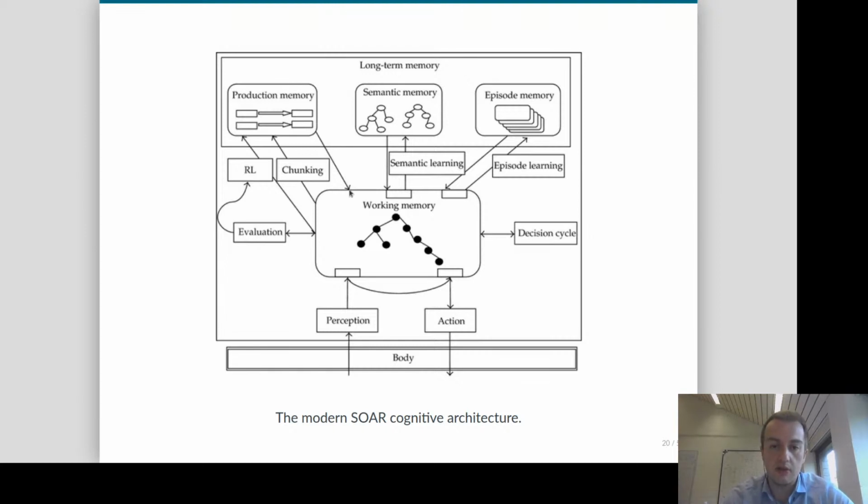And so you see that in the middle you have a working memory, and then at the top you have long-term memory, which is itself divided into other compartments. And then there are different kinds of interactions between all of them. Of course, this mind lives in a body, and through this body you're able to perceive your environment through your eyes, what you hear, and so on, what you touch, and you can also take action through this body.